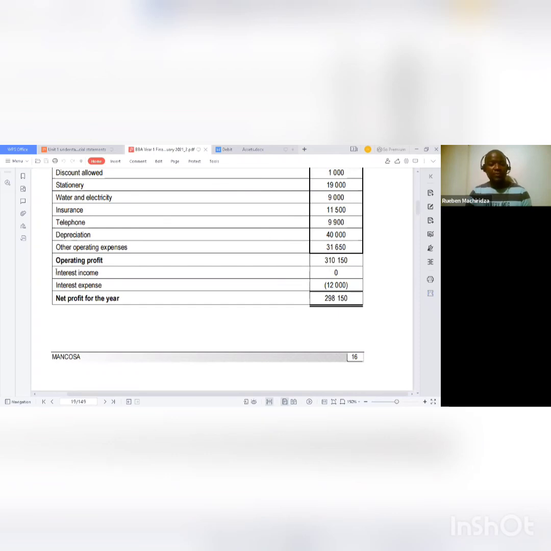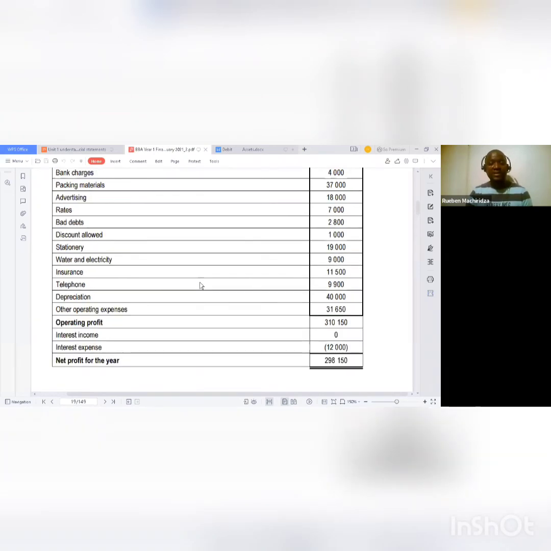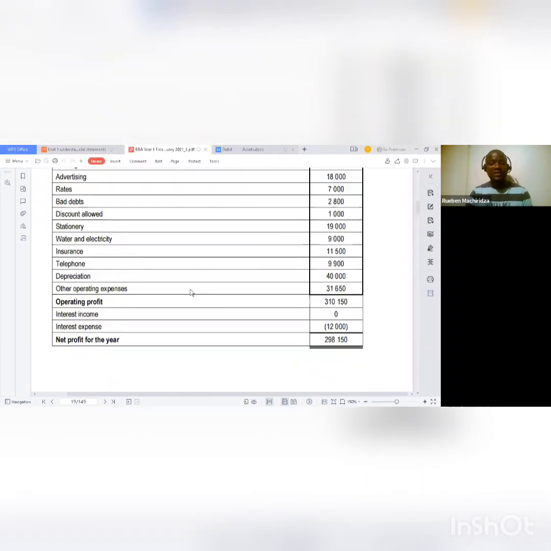We still have to put these two items here. So these are interest income and interest expense. So what is interest income? Take note that this only comes after the operating profit, as the format suggests. So whatever the format suggests is what we do. What is interest income?